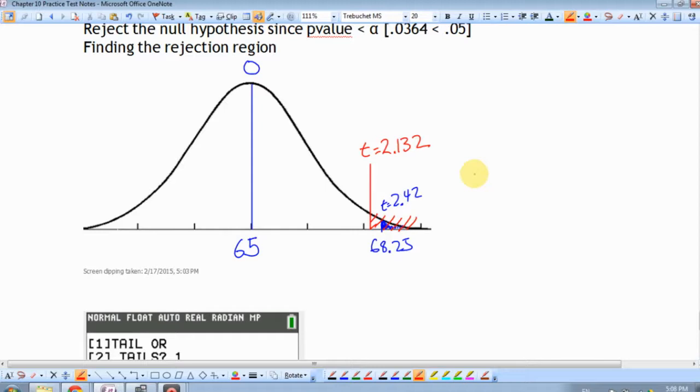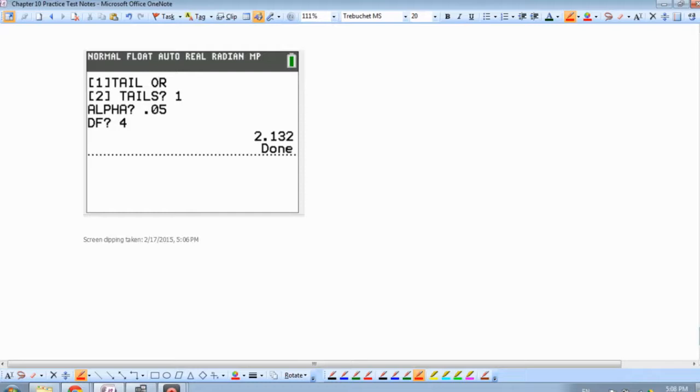For the problem, if it asks for the rejection region, we would put the t value. I'll write that down.